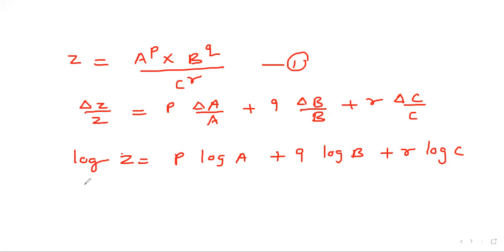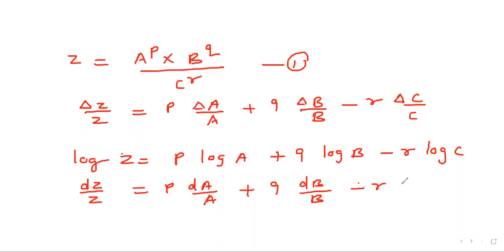So we get dZ upon Z equal to P times dA upon A plus Q times dB upon B plus, but here, sorry, this was in denominator. So here, there should be negative sign. So dB upon B minus R dC upon C.